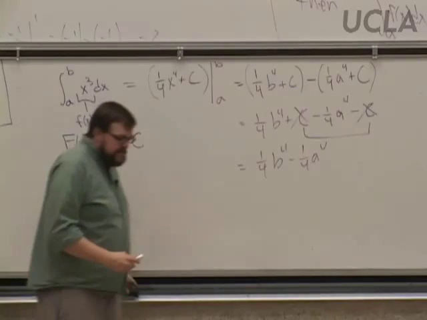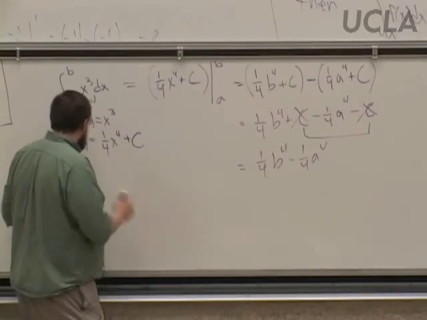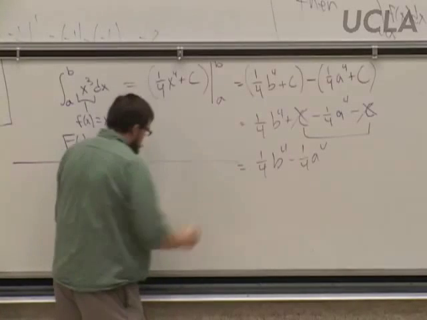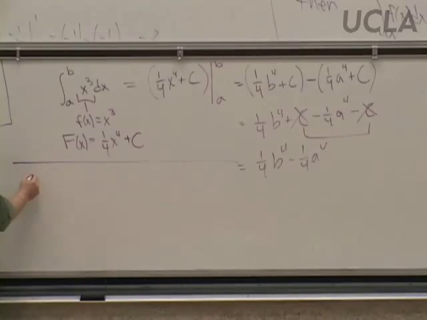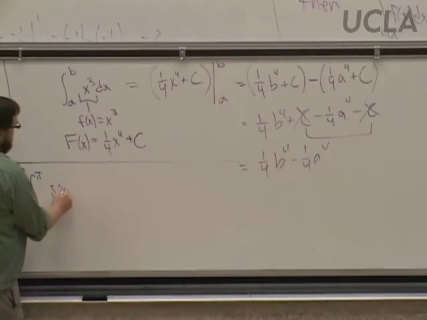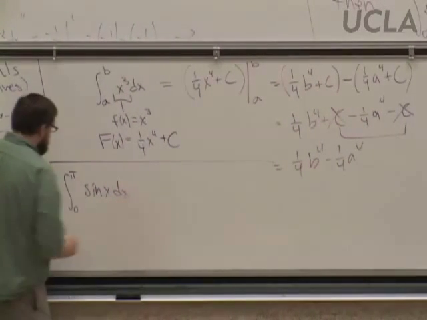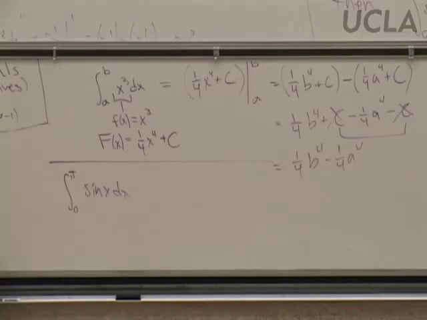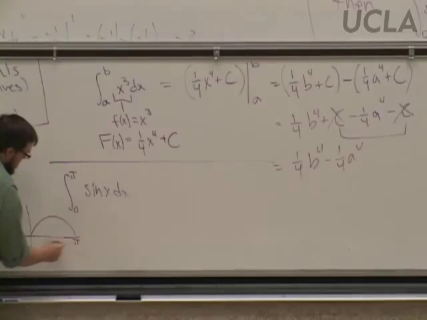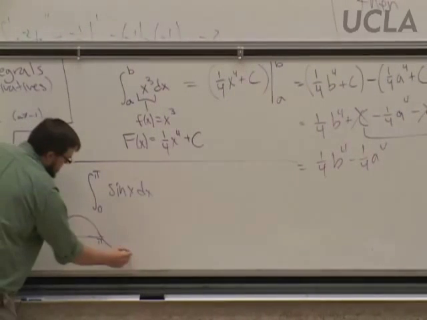All right, now let's do some practice. Suppose, this is one we probably couldn't do before. I asked for the integral from 0 to pi of the sine of x dx. So the sine function looks like this, and in fact hits the x-axis at pi and keeps going.